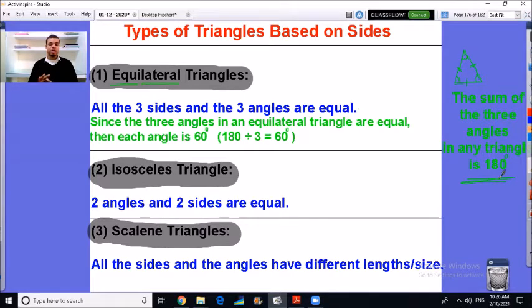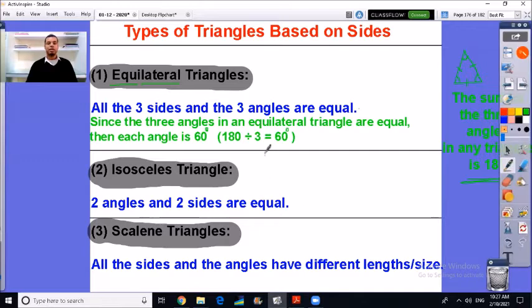Any triangle. So in an equilateral triangle, which has three equal sides and three equal angles, each angle is 60 degrees. This is a fact, guys, that you need to study and know. All the angles of an equilateral triangle are 60 degrees.